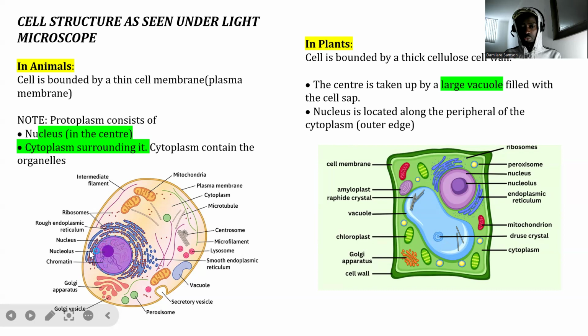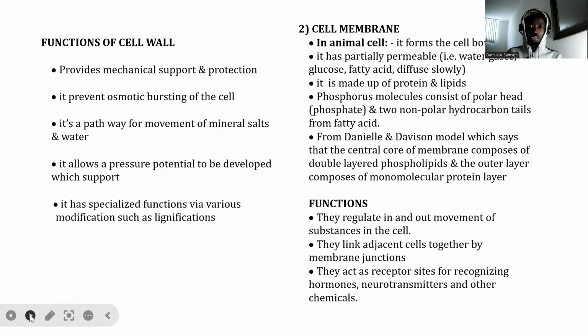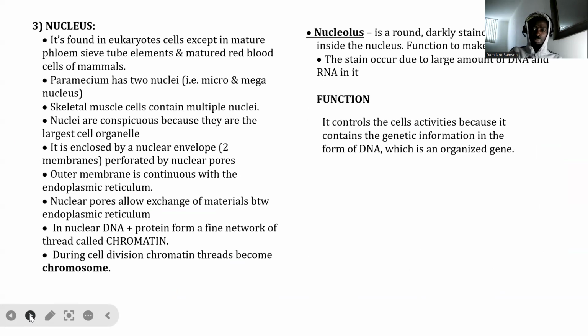The continuation of the nuclear membrane forms the ER, endoplasmic reticulum, either rough or smooth, depending on where they are. So nuclear pores allow exchange of material between the endoplasmic reticulum, so there is exchange of material between the nucleus and the cytoplasm there.